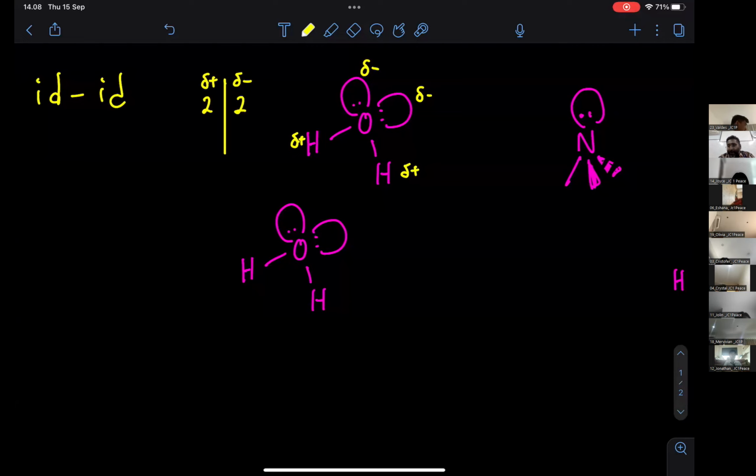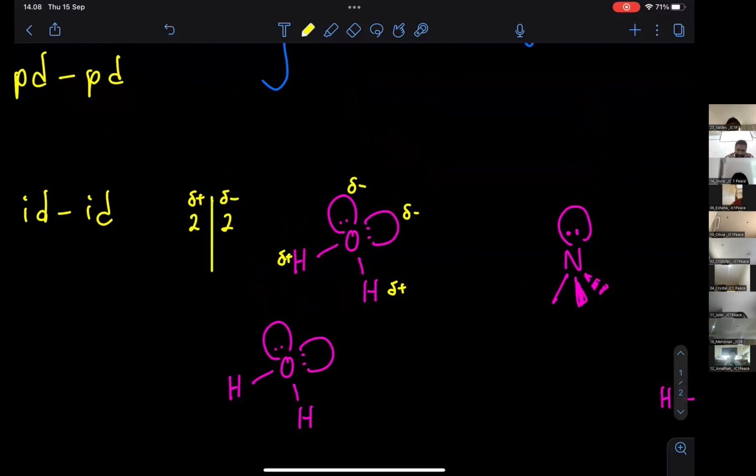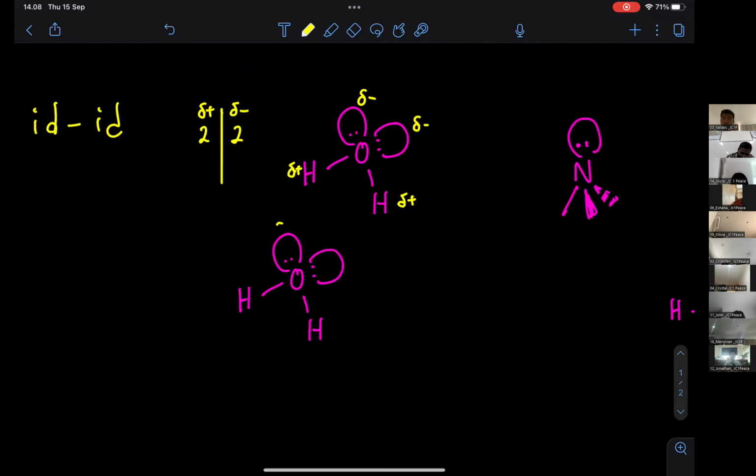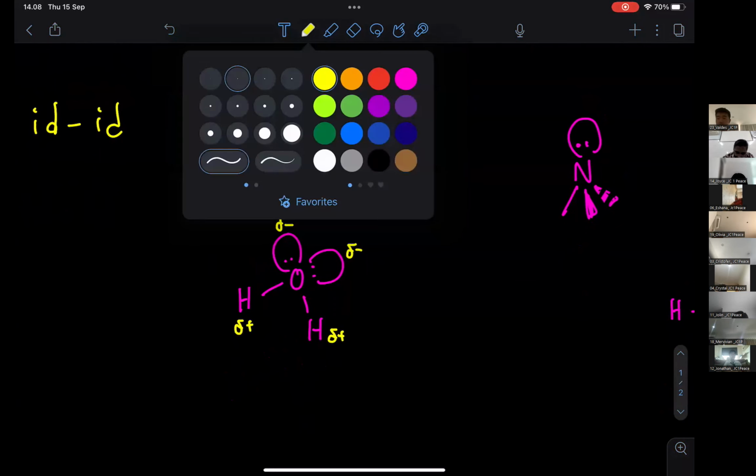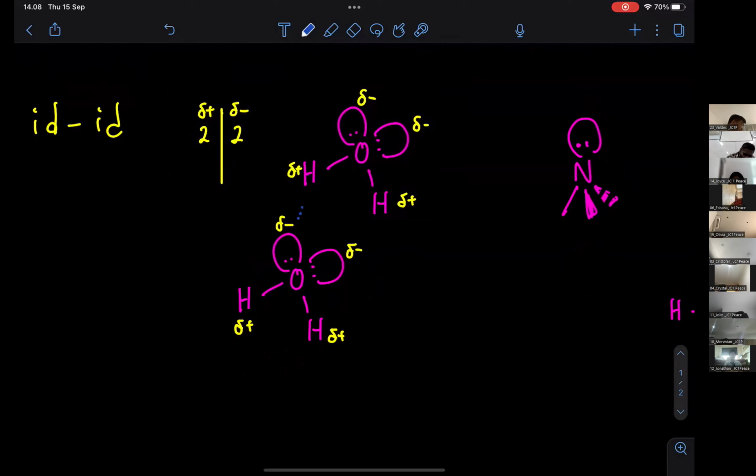In this case, if I put delta negative, delta negative, delta positive, delta positive, 1 couple will form between here and here, delta negative and delta positive. Another couple can be formed here to here.